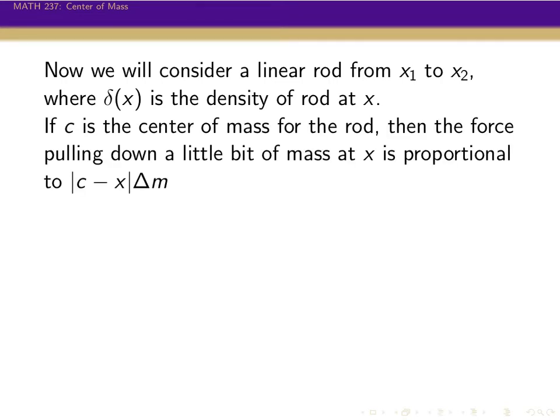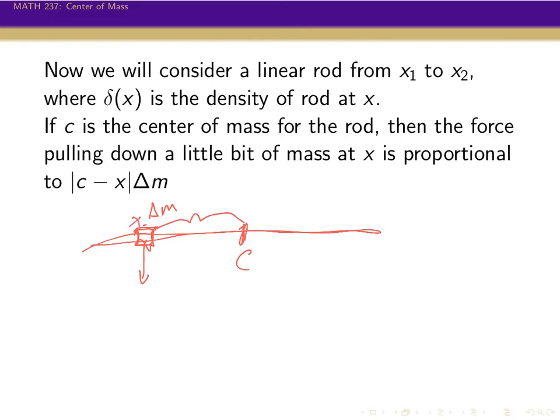So if c is the center of mass of the rod, we can do the same kind of calculation we did before on the seesaw, to think about what the force is pulling down. If we take the rod, and let's say C ends up being right here, what's the force pulling down at that bit right there? Well, it's the exact same idea as before. If this is a little bit of the mass, we'll call this delta M. And then the force is proportional to its distance away from the center, right?